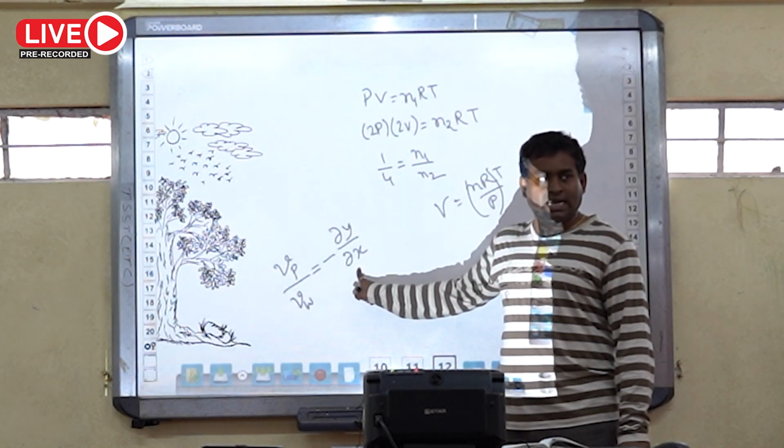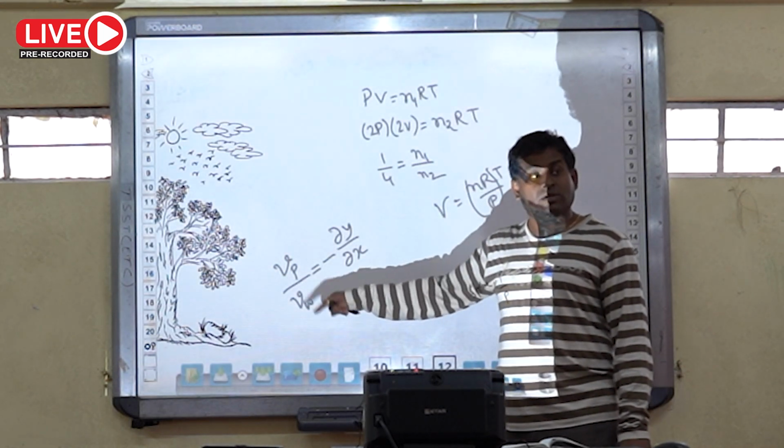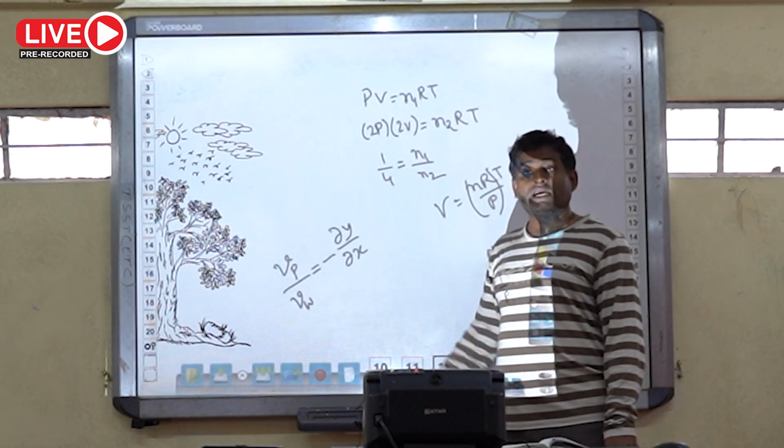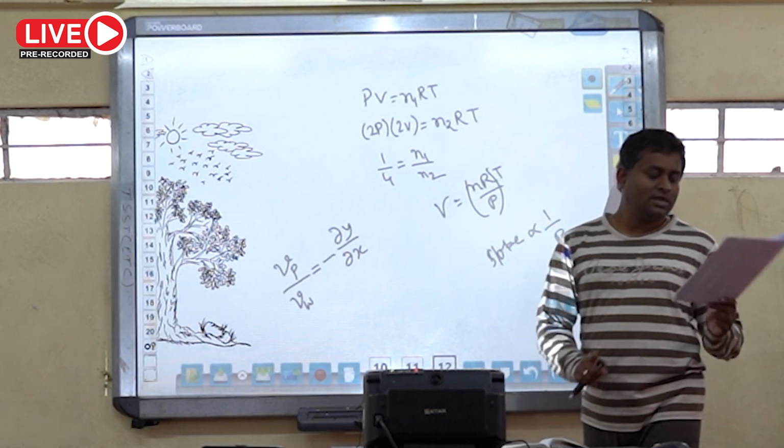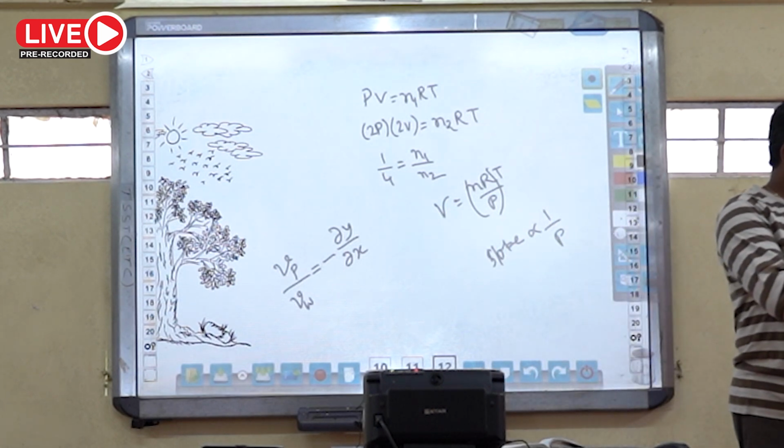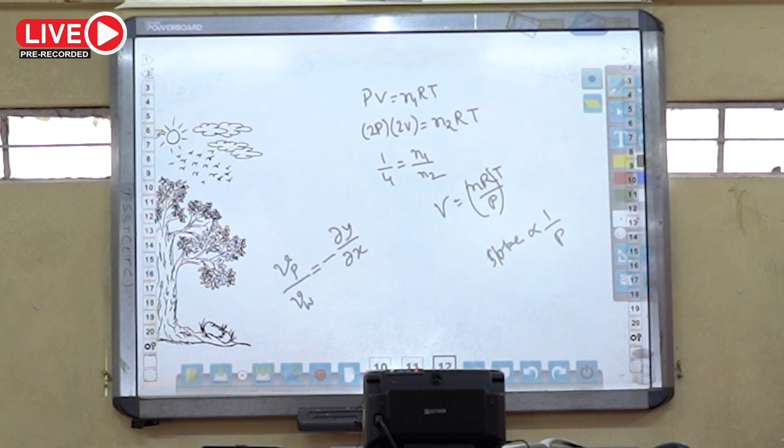So if del y del x, this slope, is negative, then Vp will be positive. And if del y del x is positive, then Vp will be negative. Now come to the first point. At D, E and F, if you draw the tangent, that is always directing a negative slope.